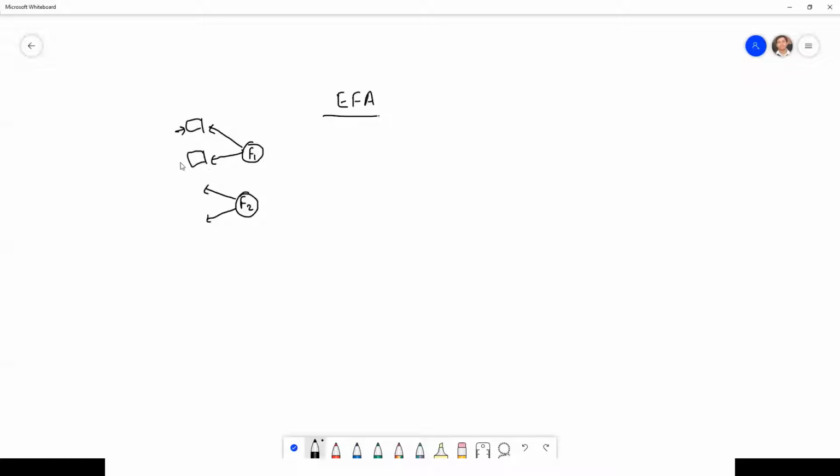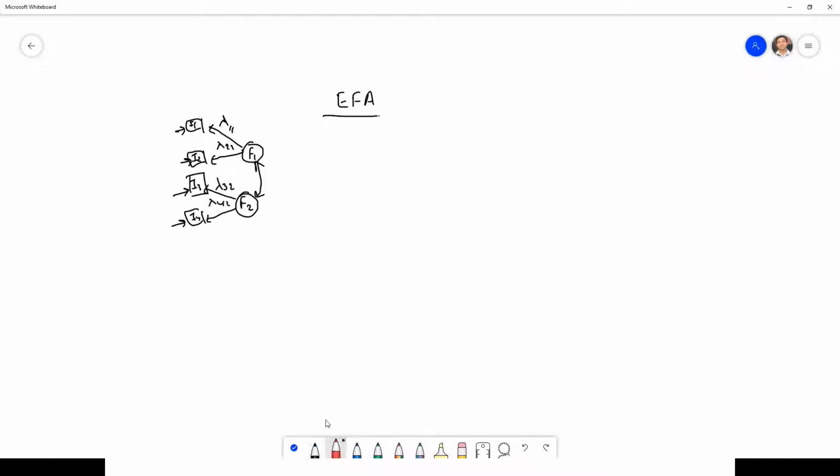This is the diagram, rectangles for observed items I1, I2, and then I3, and I4. These arrows represent measurement errors, and there is a correlation between these factors.